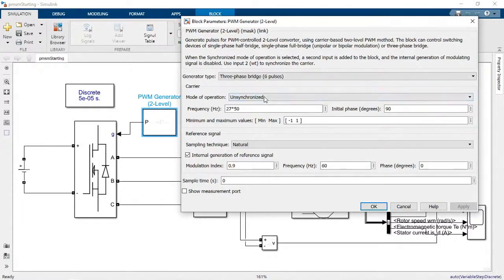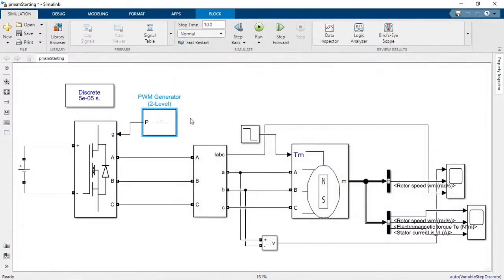The unsynchronized carrier frequency is 27 times 50 hertz. Here you can use whatever you want, and you can change the frequency. But by changing the frequency alone, we cannot get exact speed control. For that speed control, we have another demo, so let us check how we can control the speed.